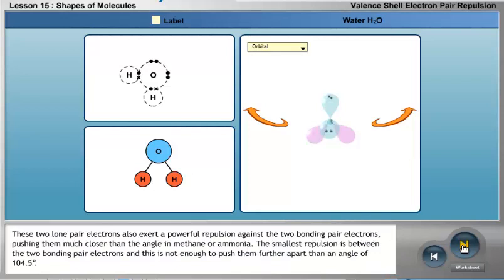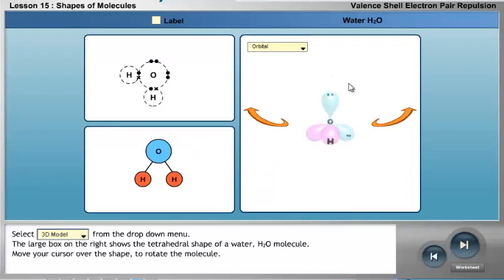These 2 lone pair electrons also exert a powerful repulsion against the 2 bonding pair electrons, pushing them much closer than the angle in methane or ammonia. The smallest repulsion is between the 2 bonding pair electrons, and this is not enough to push them further apart than an angle of 104.5 degrees.